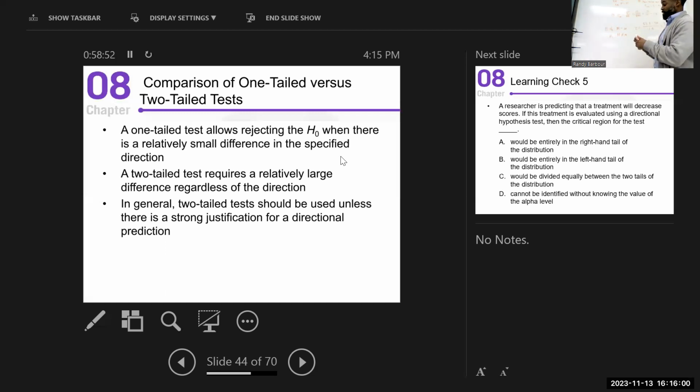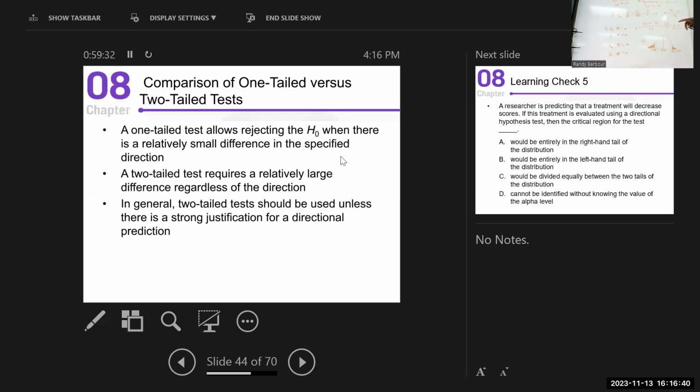So I'm going to change the hypothesis slightly. The null hypothesis would say the sample mean is less than or equal to the population mean. And the research hypothesis would say it's greater than.